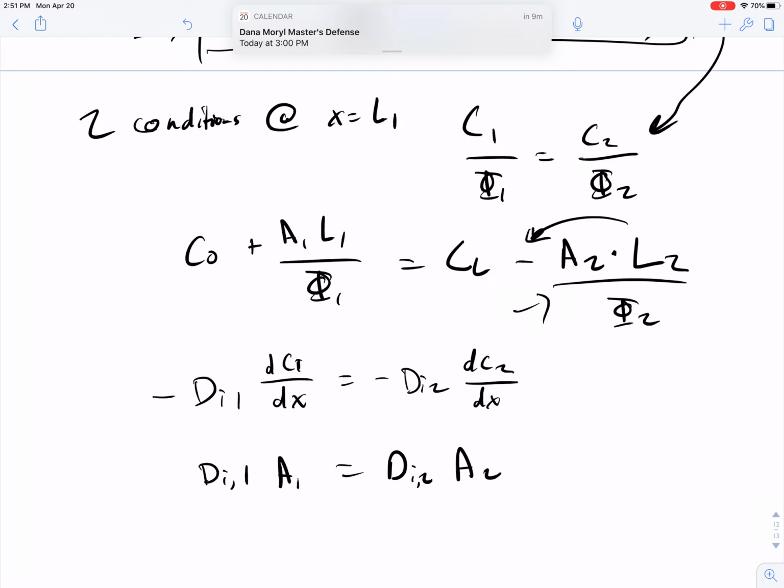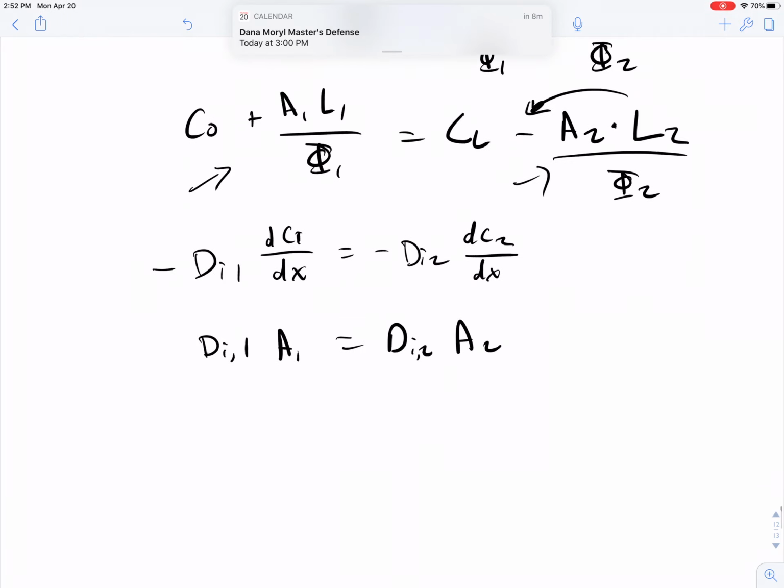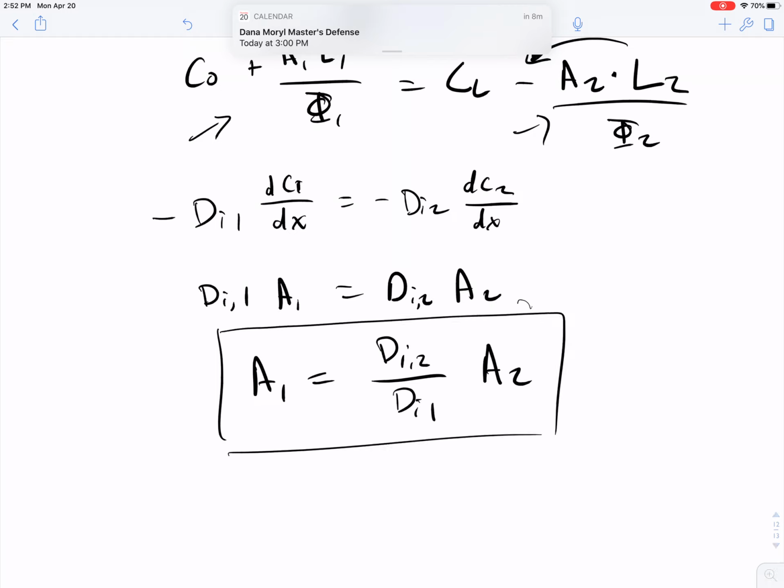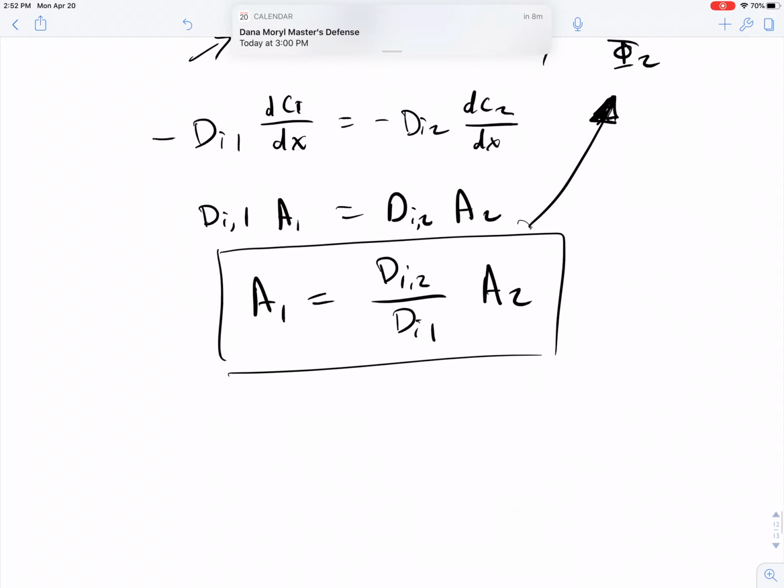These same constants that we have up in this equation. Aha, I think this is going to break it. A1 equals Di2 divided by Di1 times A2. Now we have a direct substitution, so we can eliminate one of our integration constants in this equation.